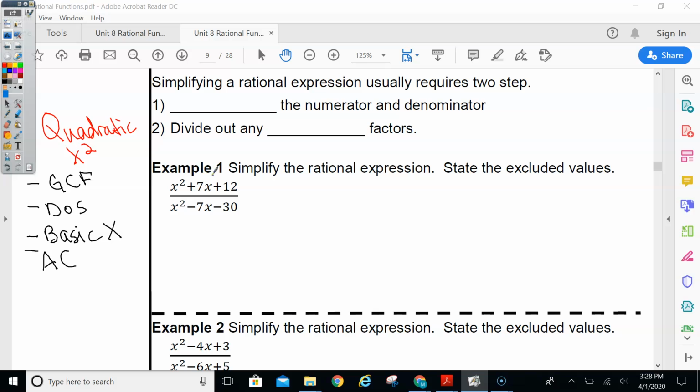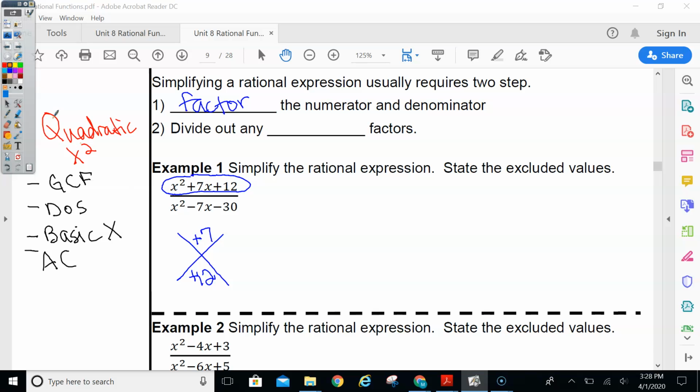So we got to go through these and see which way it factors. So here, looking at the first one, we're trying to factor both the numerator and the denominator. So that's this stuff over here. So if you look at the top part, since there's 3 of them, and there's not a number in front of x squared, we can just do a regular x for this one, and put the 12 at the bottom, and the 7 at the top.